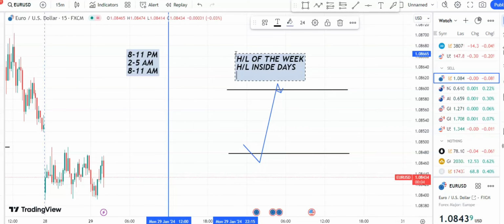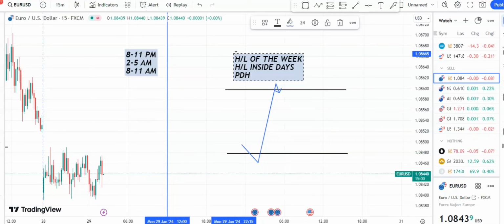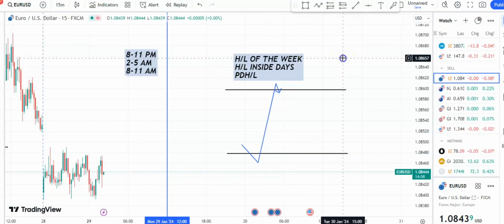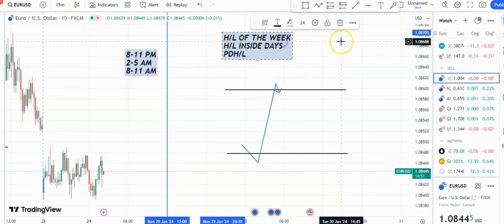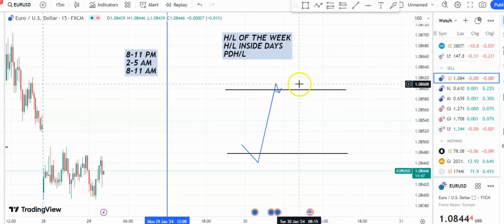And then number three is the previous day's high and low. These are the main areas where we have a lot of liquidity, and price has the potential of moving away from these levels once the liquidity has been cleared.